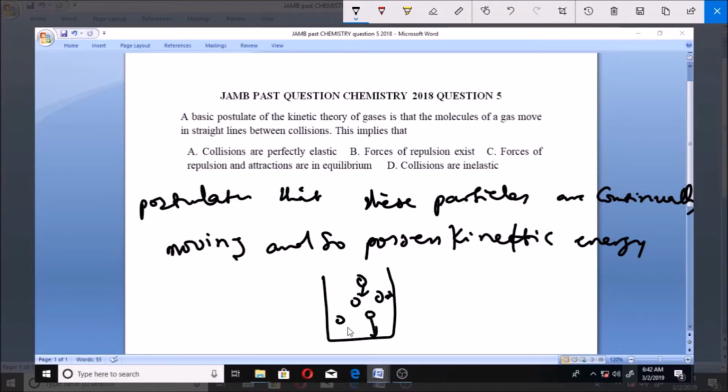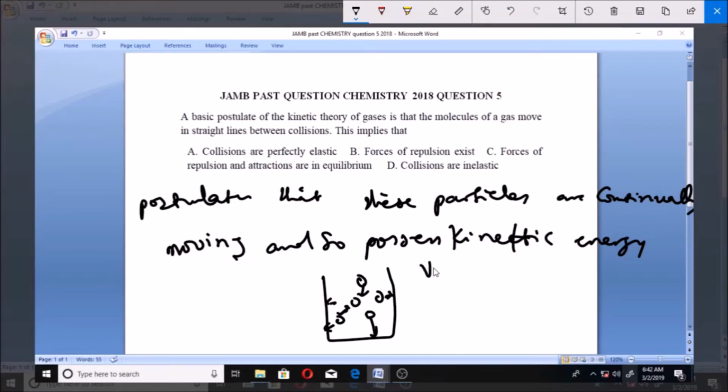That's what the postulate of the kinetic theory of gas says. So there is the force of repulsion that exists between them. This force of repulsion also enables this collision with the walls of the container and with them.